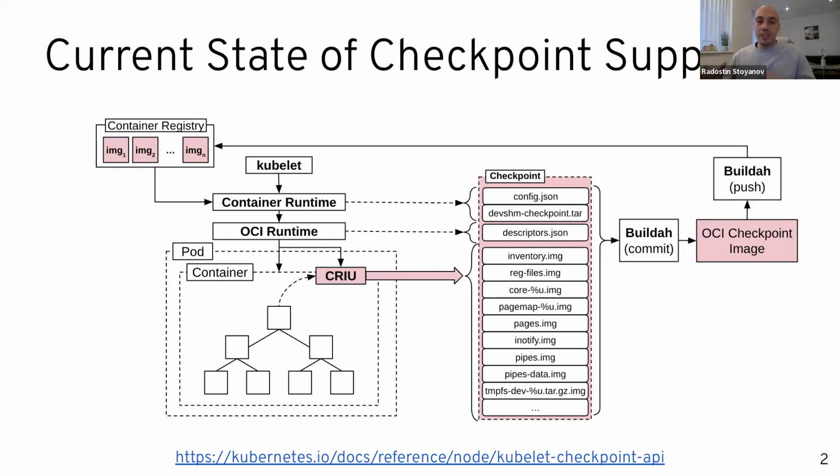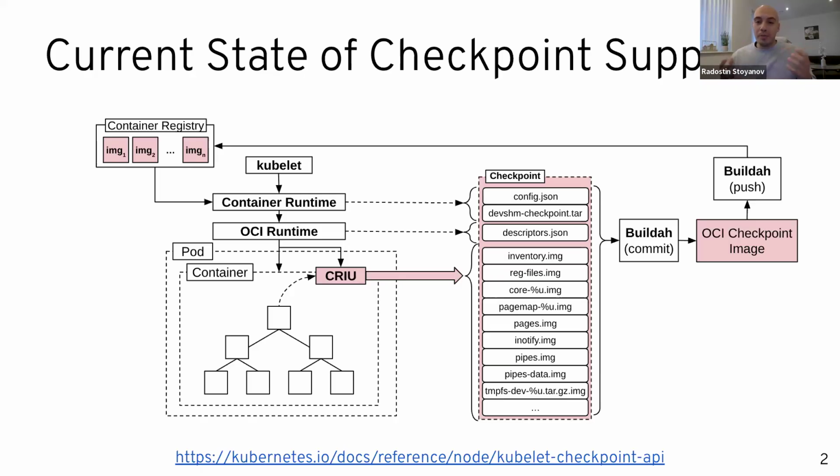For example, containerd, CRI-O, but also at the low level with runc and crun. We implemented a kubelet checkpoint API that allows users to send HTTP requests to the kubelet, and then this will create a checkpoint of the container.